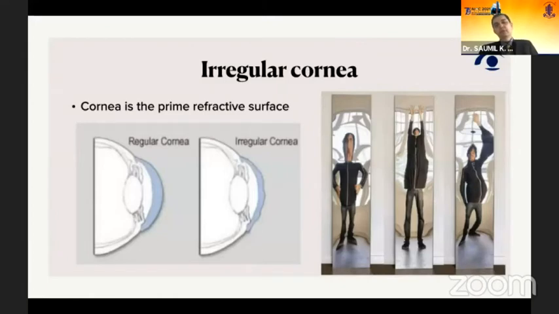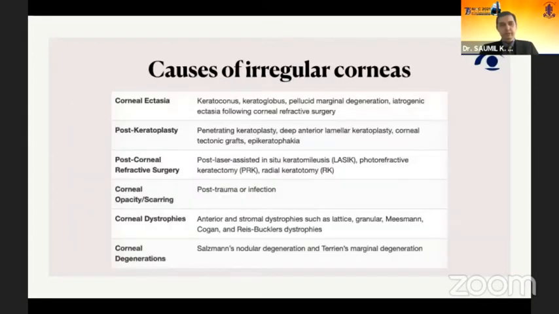Now, talking about irregular cornea, the cornea is the prime refractive surface. As opposed to a regular cornea, which gives a crystal clear image on the retina, an irregular cornea is akin to those funny mirrors which give rise to distorted images. So the image on the retinal plane is not perfect. It's actually far from perfect.